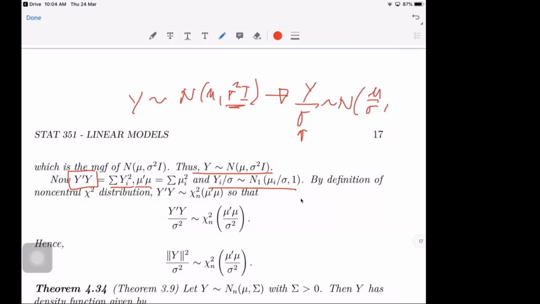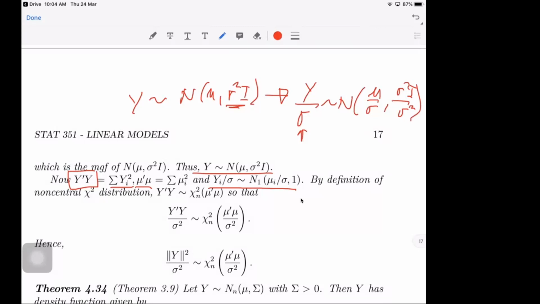And then you divide mu i by sigma, sigma squared. Okay?